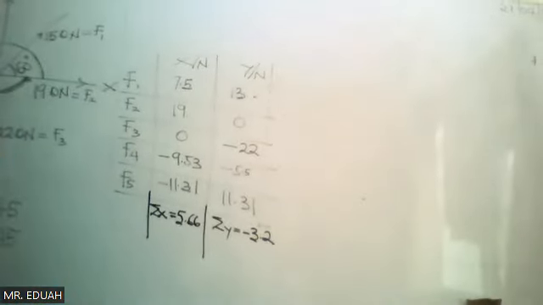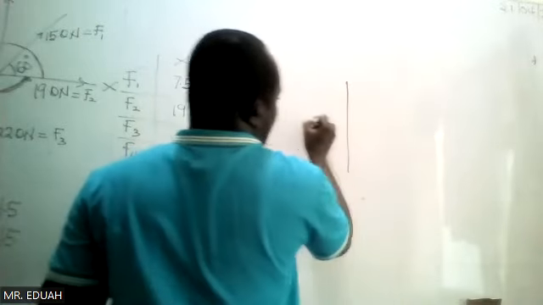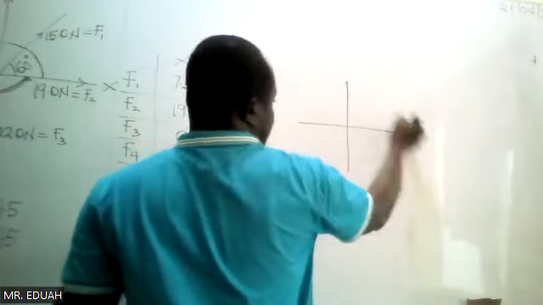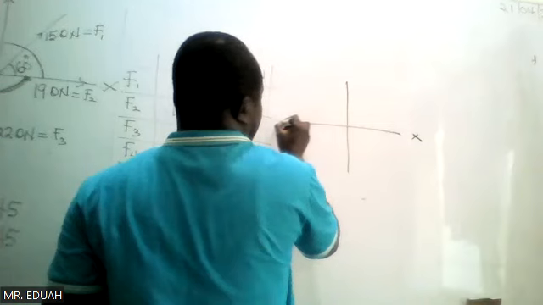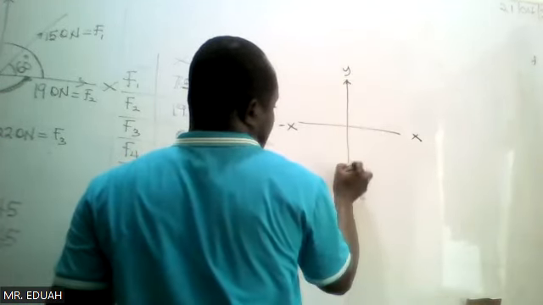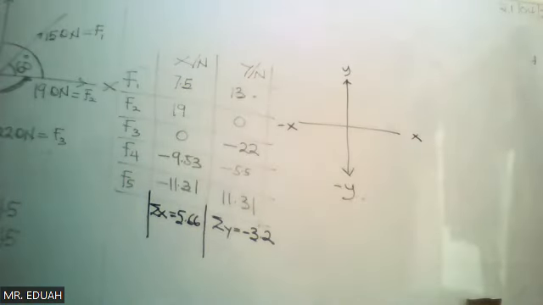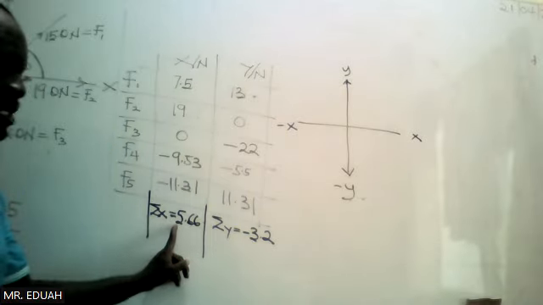Now, after getting the total summation of x and summation of y, the next thing we have to do is to draw the x and y axes, x, minus x, y, minus y. Summation of x is along the positive x because the value is positive.